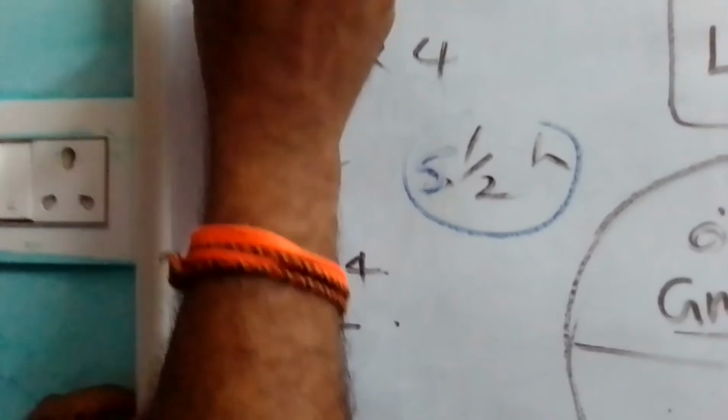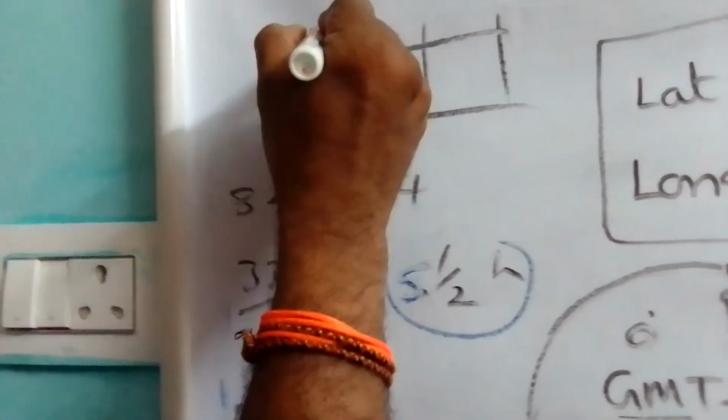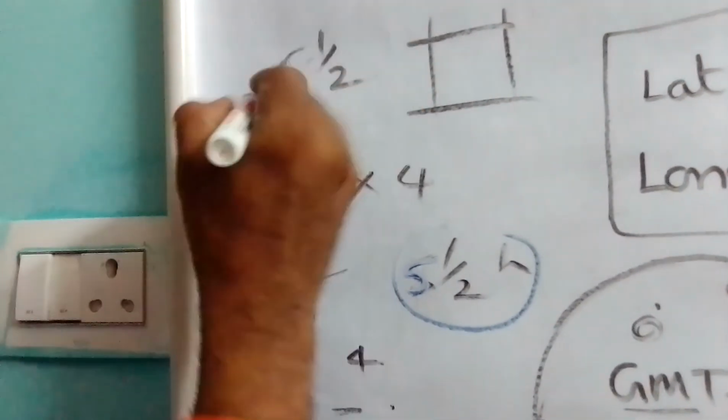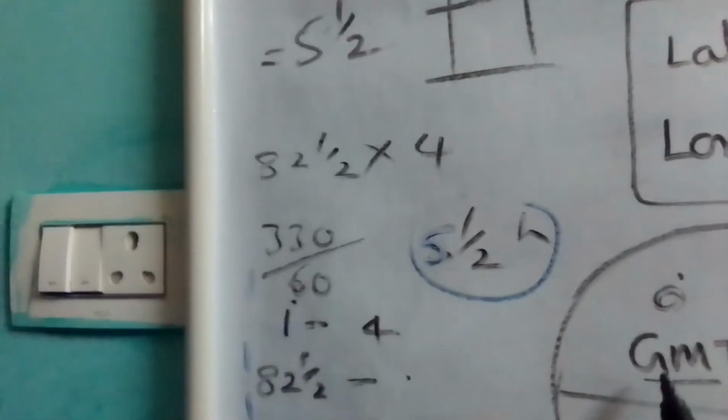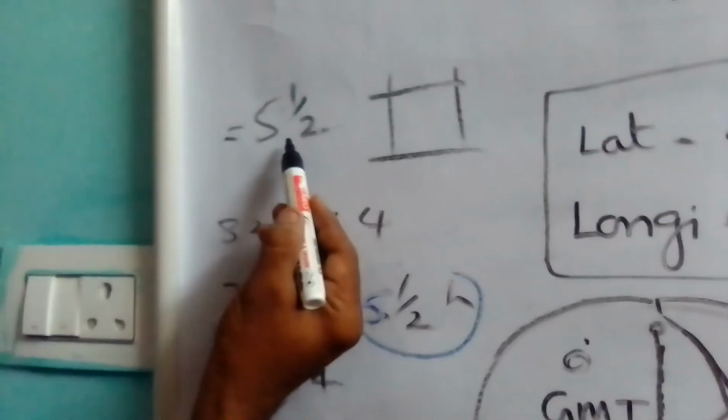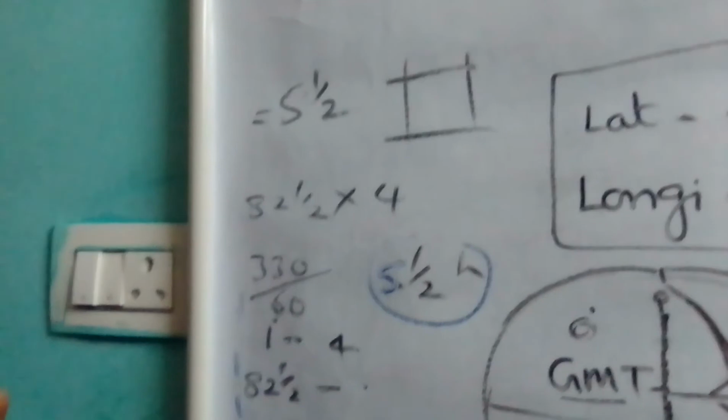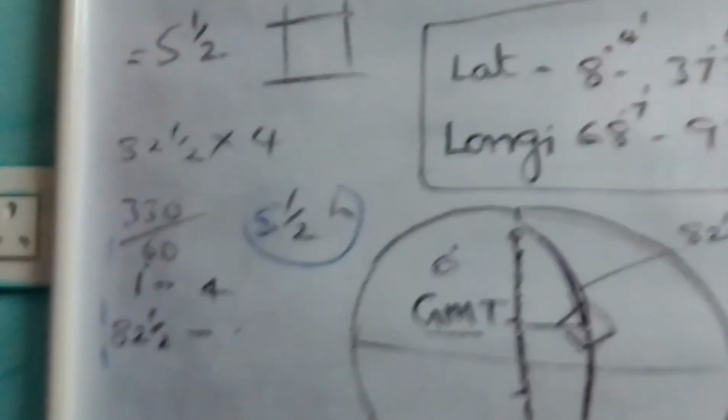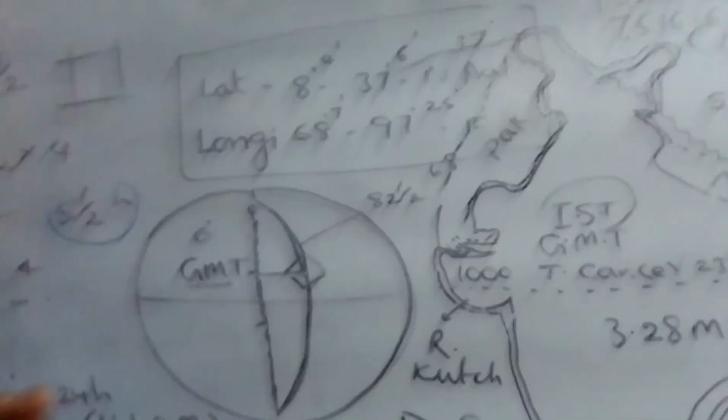So what we get? 5.5. That is why we are saying the time difference between GMT and IST is 5.5 hours.